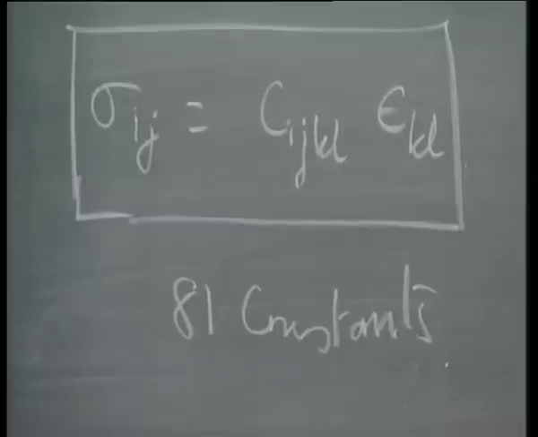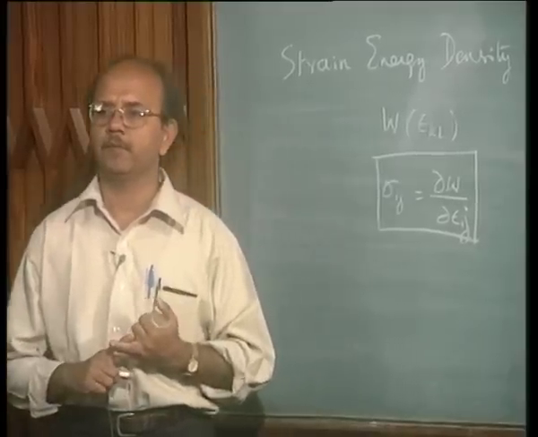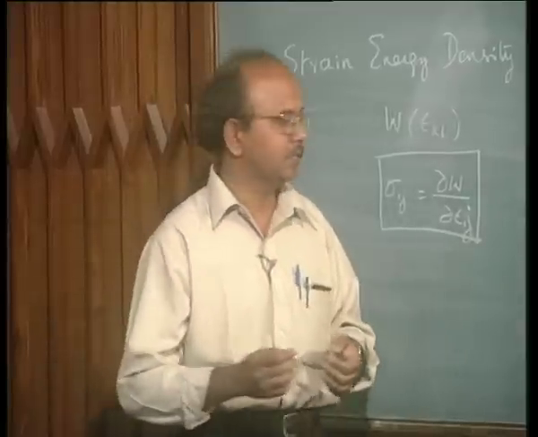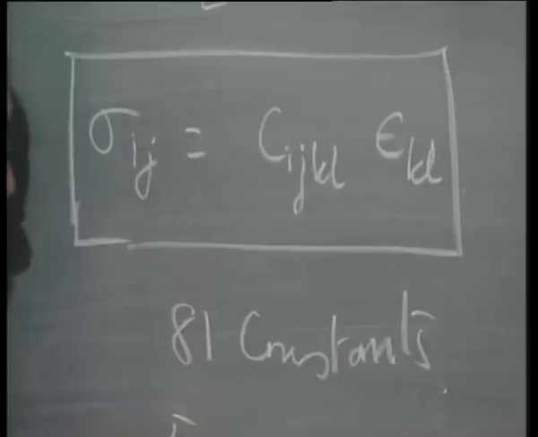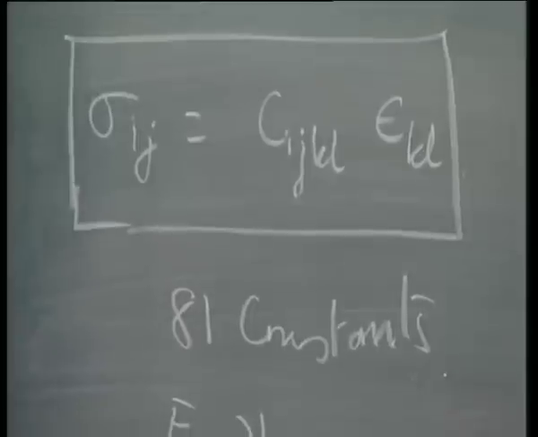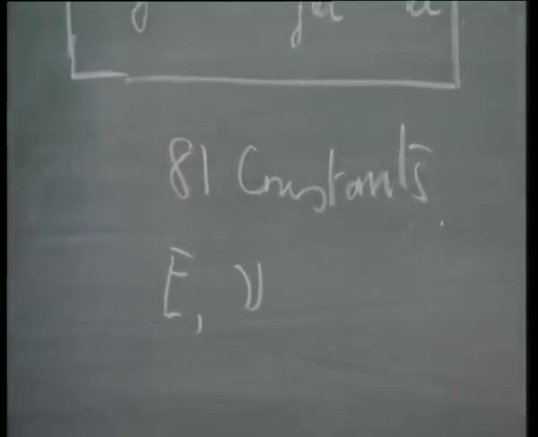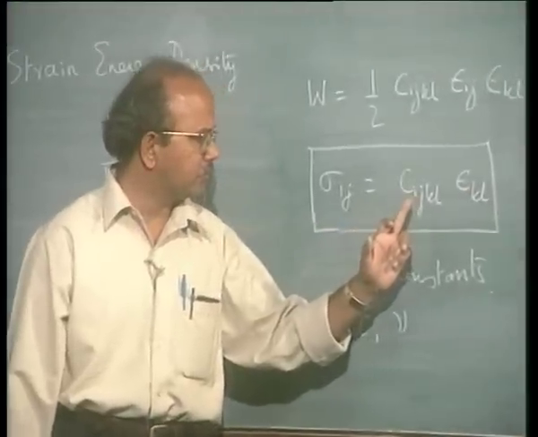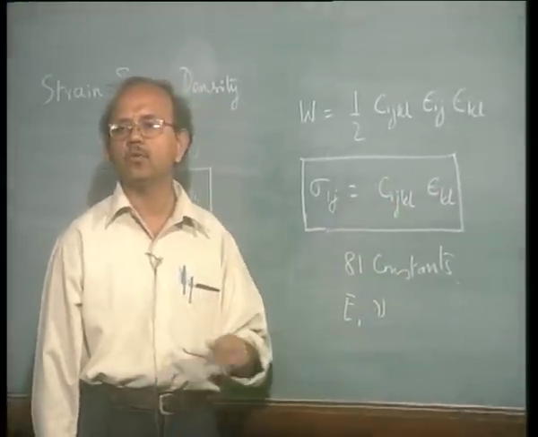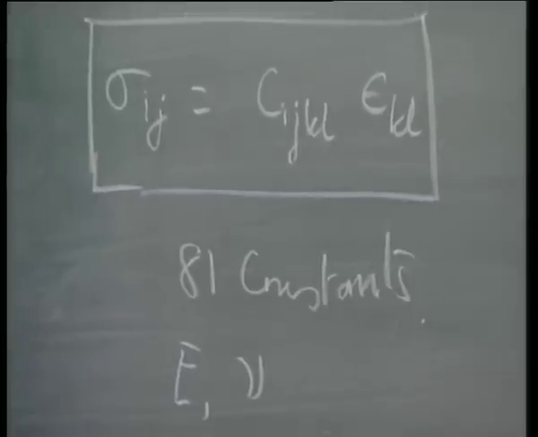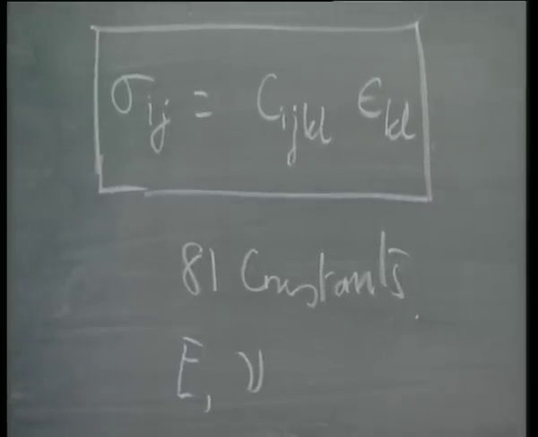If I look at steel, I know only 2 constants. So, these 2 constants I am familiar with are Young's modulus and Poisson's ratio. Now, what are you talking about, or how do you connect now this 81 constants to these 2 constants? That is the question that is uppermost in our minds.